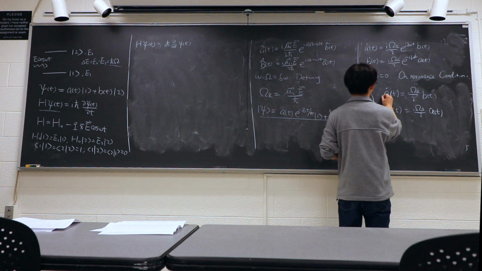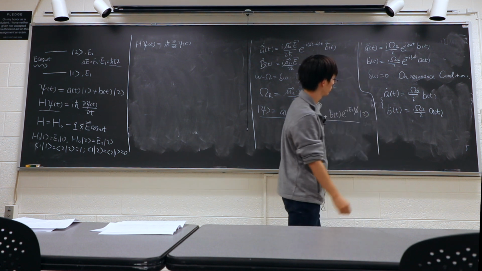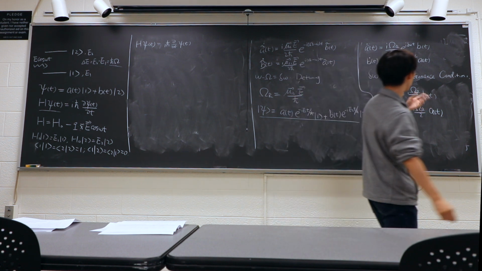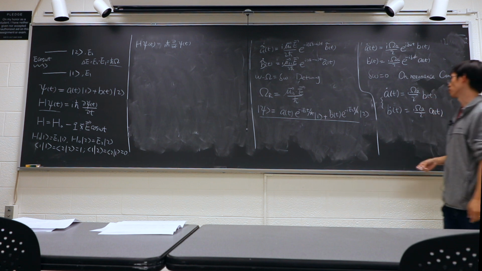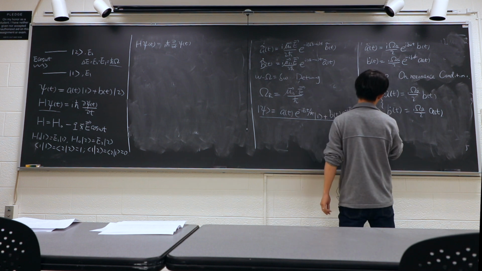And what you do with this coupled equation is you want to replace B with this equation. The way to do it, we already did once in the Maxwell equation.